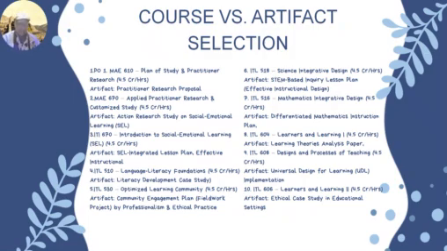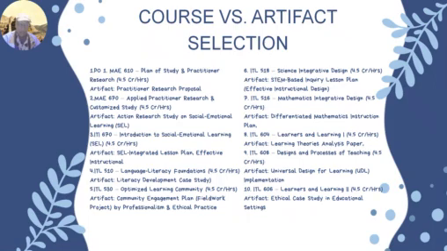Third, ITI 670, an introduction to social emotional learning, was the artifact I dealt with. Artifact: SEL literature learning plan, effective instruction, was the action I took. The fourth, ITL 510, Learning Literacy Foundation.